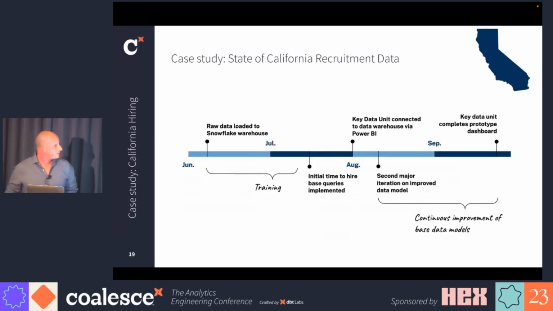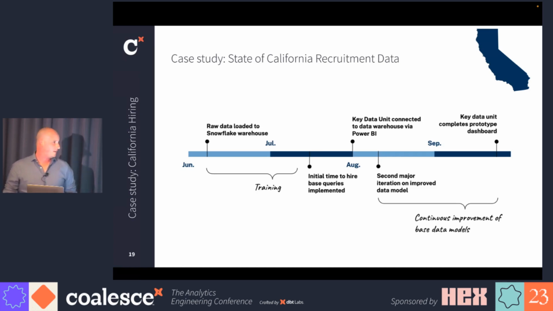Our timeline for this: we kicked this project off this summer. Within a few weeks, we had people trained to use basic DBT pipelines and use Git and GitHub. We had some initial models going within a few weeks. Within 2 months, some of the business analytics teams were connected to the initial data models using Power BI.